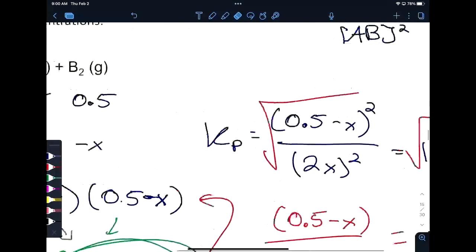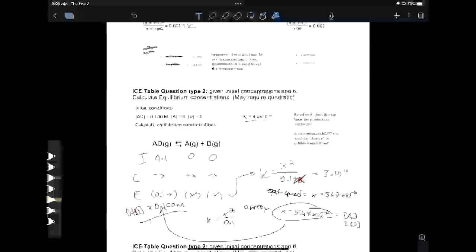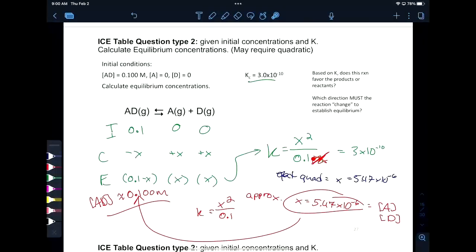So what you want to do is get rid of this x right here on the top. I will just say most approximations that we make involve the denominator. Most, I would say all of them. So I'm going to go quickly back to the question where we made the approximation in the denominator. This is a very, very common approximation that we will make for the next three chapters.